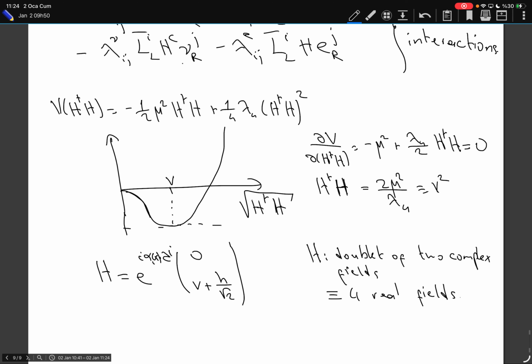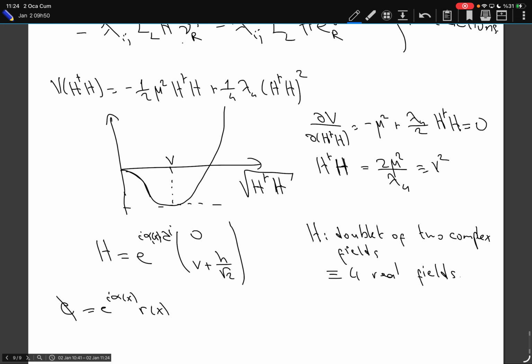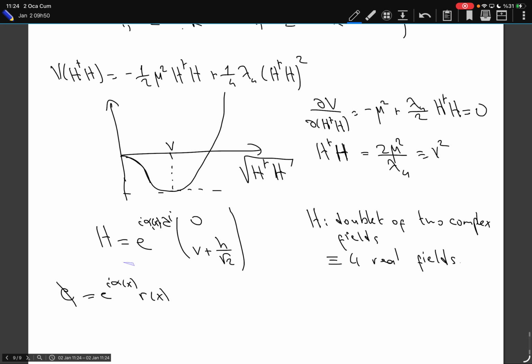You see, if I have a single complex field, I can always write it as e to power i alpha(x) times, let's say, R(x) for real fields R and alpha. I'm basically doing the same thing. This is a U(1). I'm doing the same thing for SU(2). That is the SU(2) analog. I have the radial part.